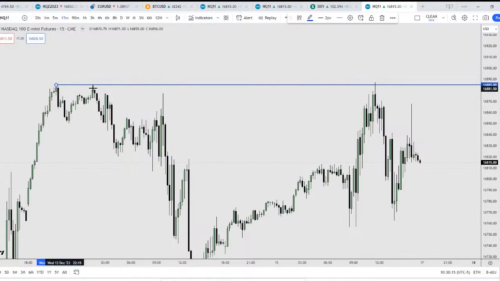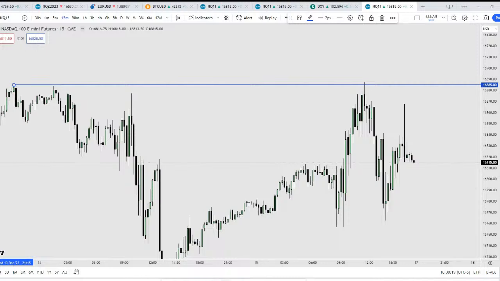And in the New York AM session, 9 to 12. Basically it's 6 to 12, but I'm using the Q3 and Q4, so it's going to be 9 to 12.